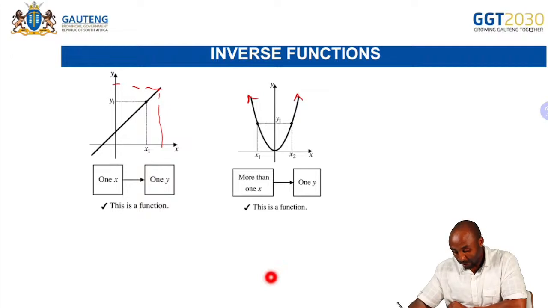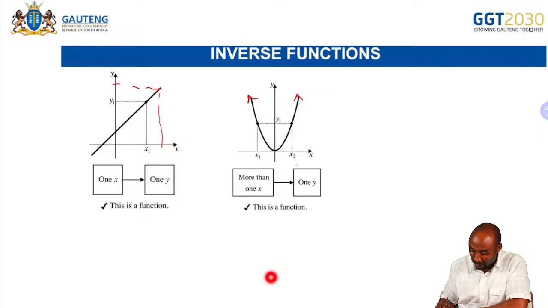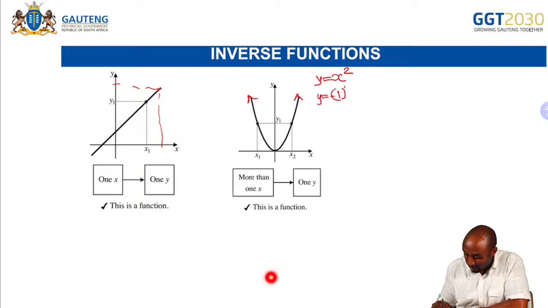You are able to see that if I have x1 and x2, for example, if I have the equation y is equal to x squared, when I substitute my x as -1, I will have y as (-1) squared. And this will give me 1. I also have my x2 as +1.